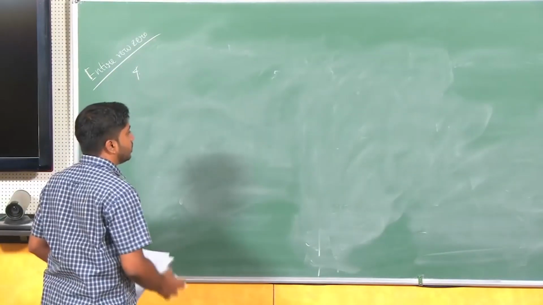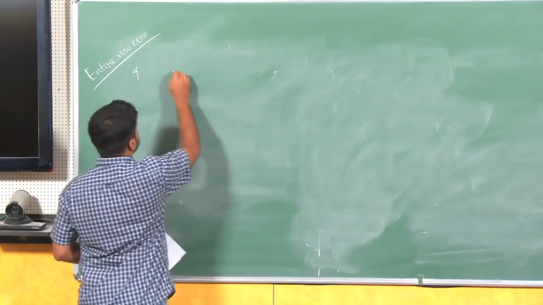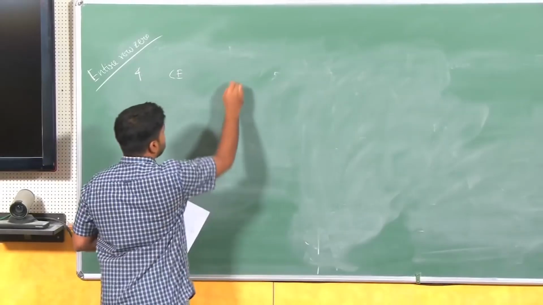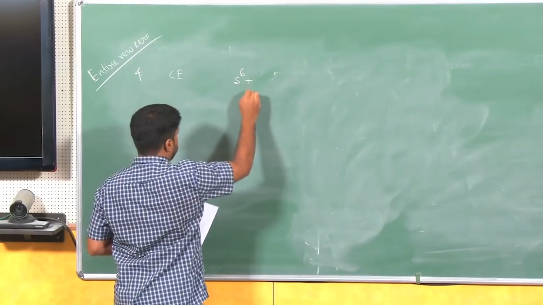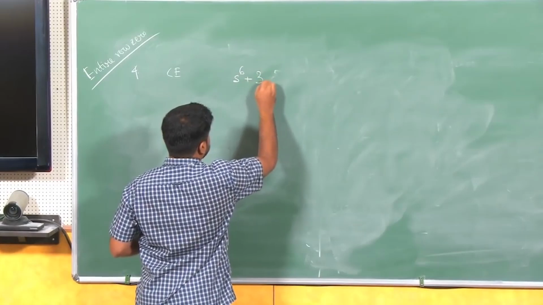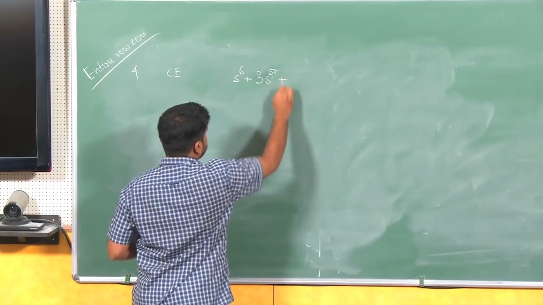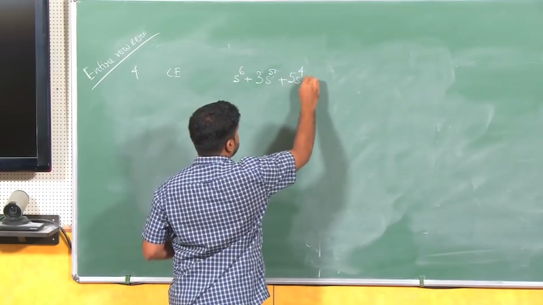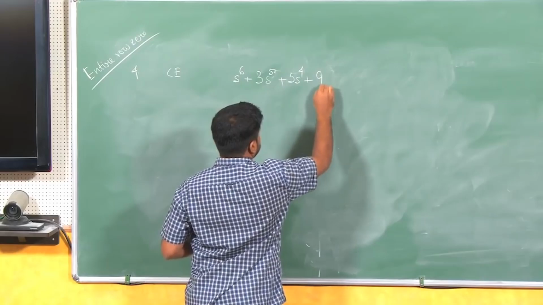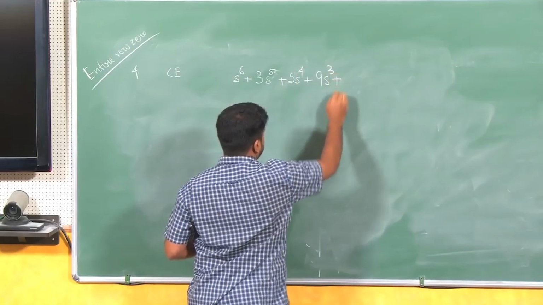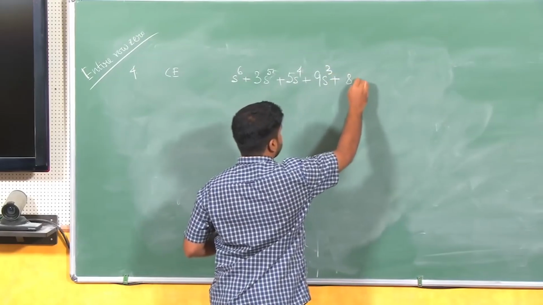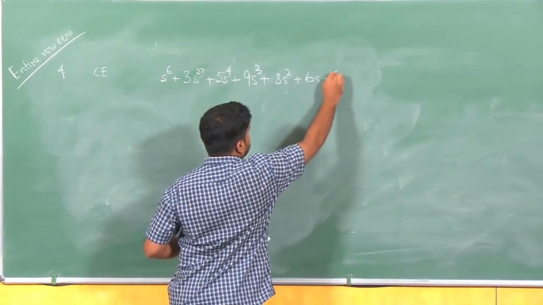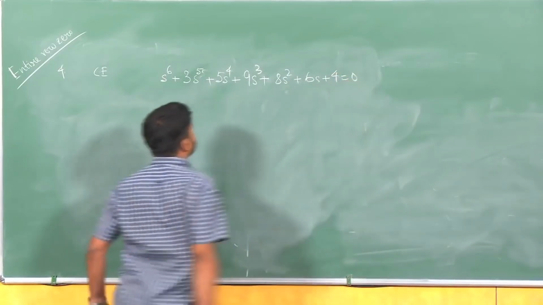Okay. So, let the characteristic equation be given by s to the power 6 plus 3 s to the power 5 plus 5 s to the power 4 plus 9 s cube plus 8 s square plus 6 s plus 4 is equal to 0.